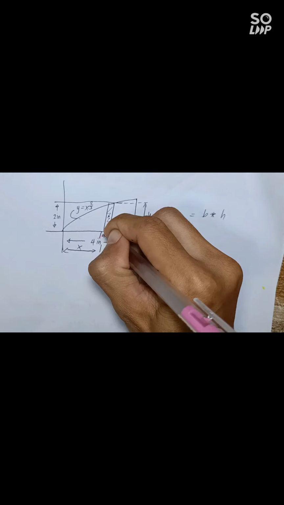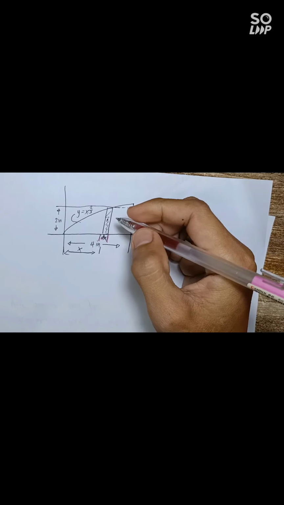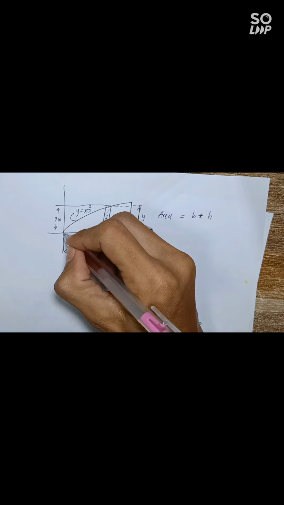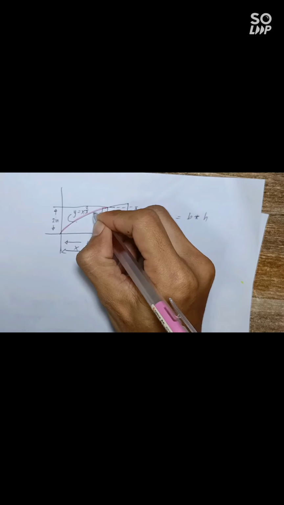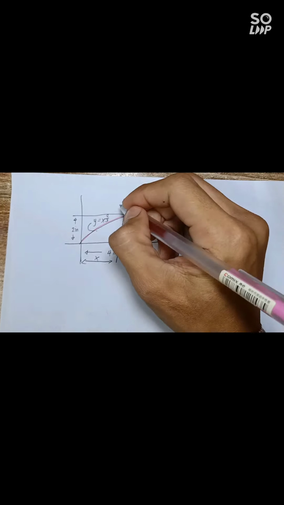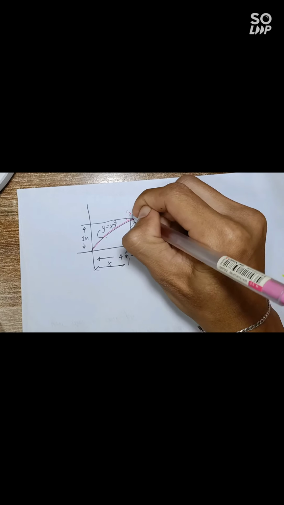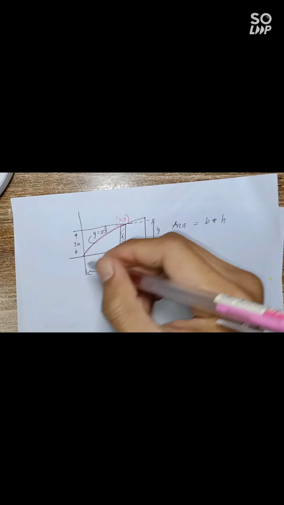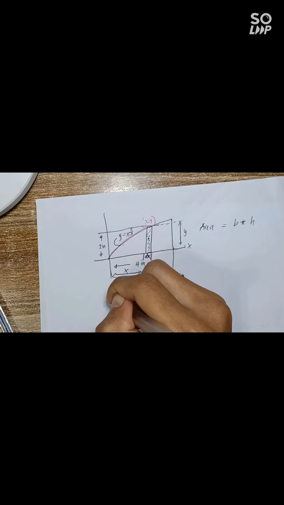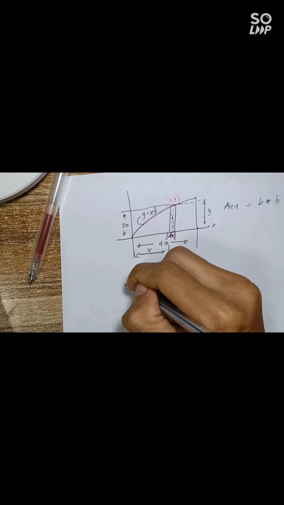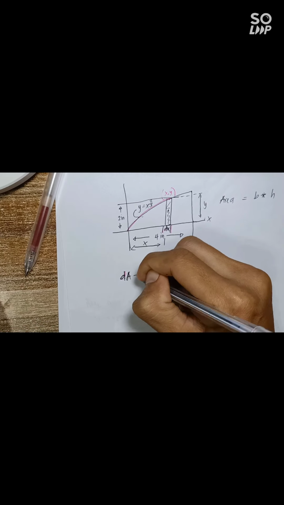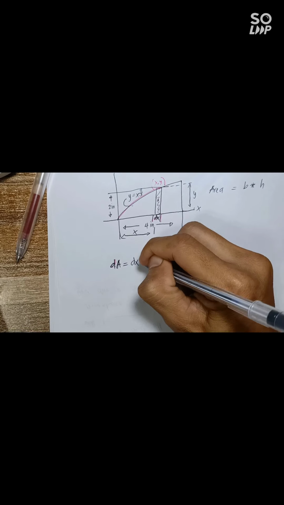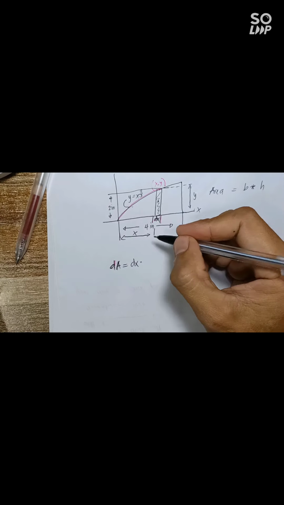And what is the height? The point on the curve will be x and y. So dA is equal to the base dx times the height y.